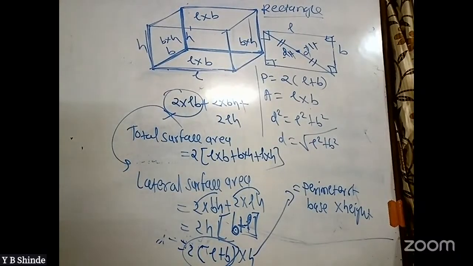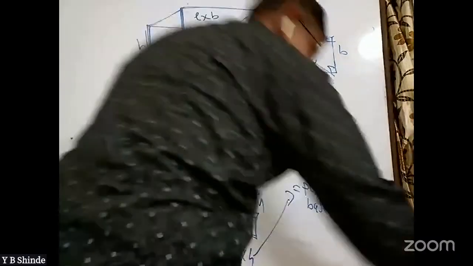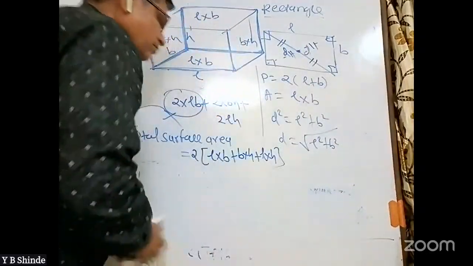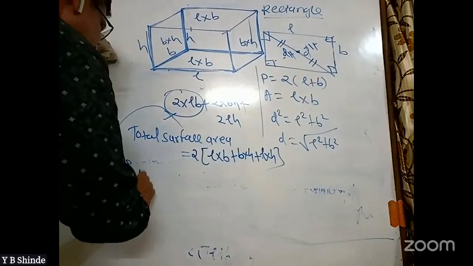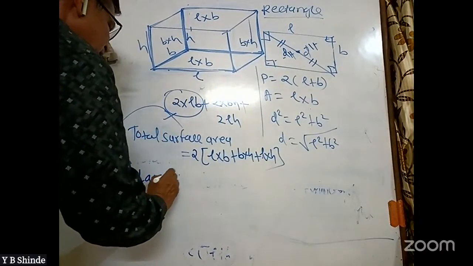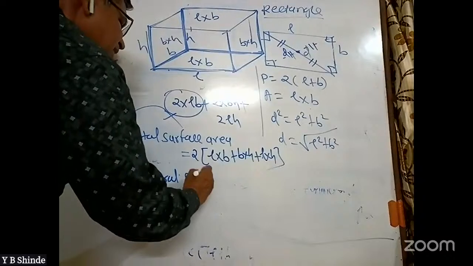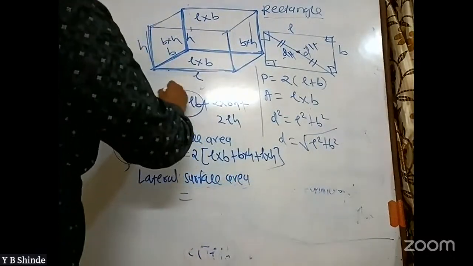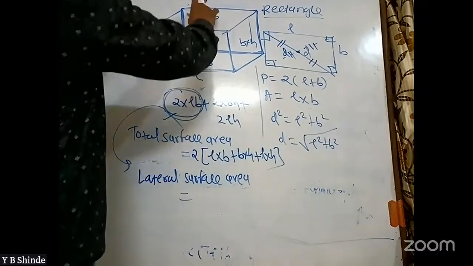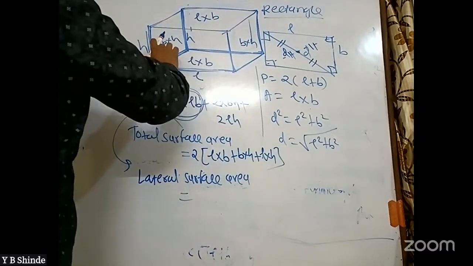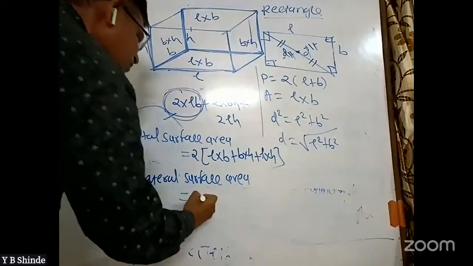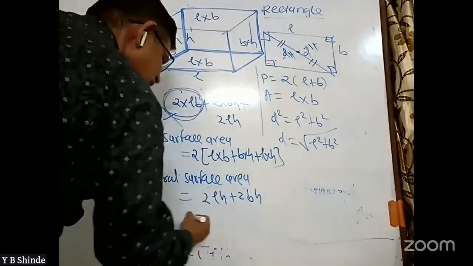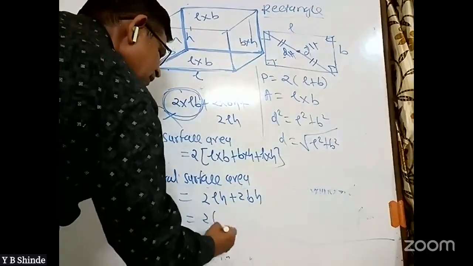Here again, let me explain the lateral surface area. What is the lateral surface area? This is the lateral surface area. We will remove this base area and the top area. What is it? 2BH and 2LH. 2LH plus 2BH. Take 2 common.